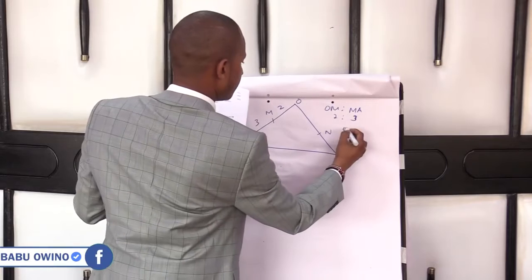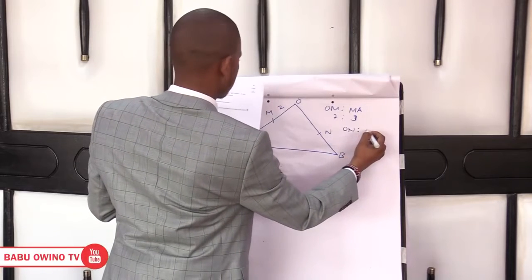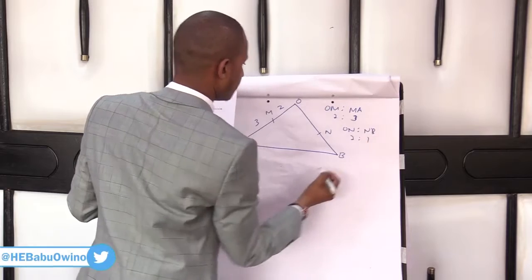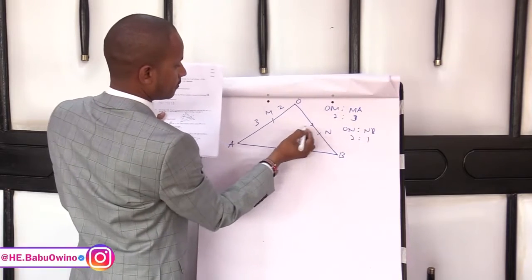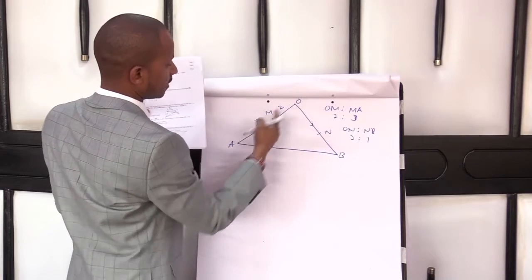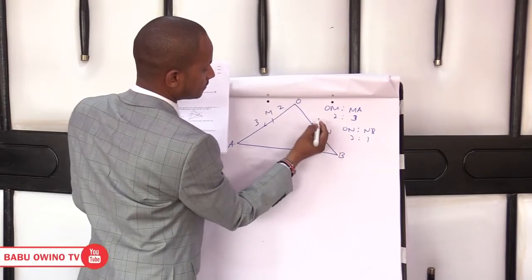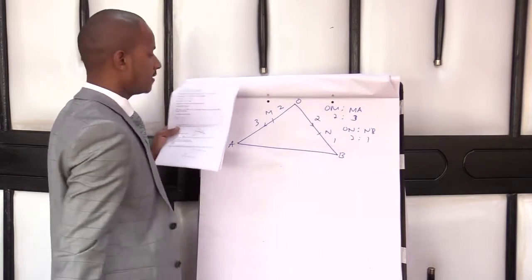And ON to NB is 2 is to 1. ON, remember the direction moves from O to A, then O to B. O to N, then N to B is in the ratio of 2 is to 1.